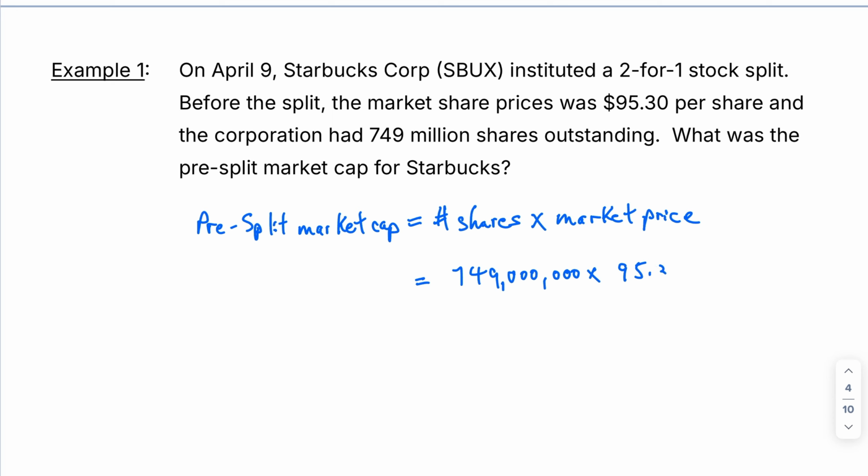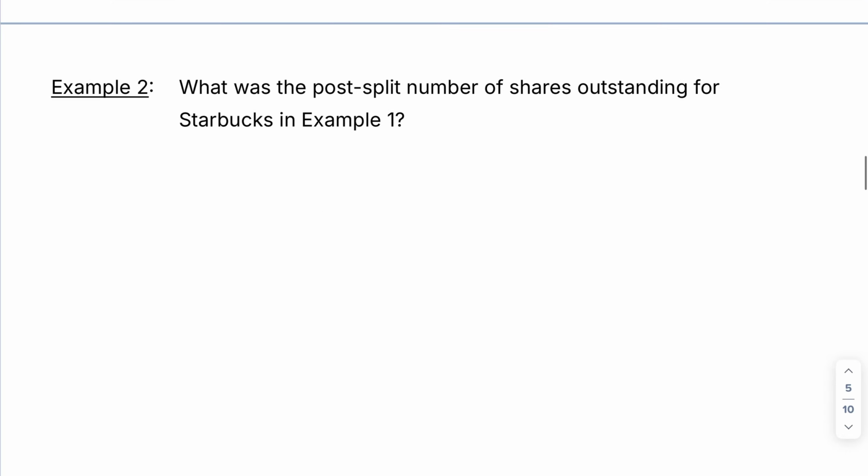Now, punching that in the calculator, we would get 71,379,700,000. So that is our pre-split market capitalization. All right, so let's go ahead and move on to example 2, which is referring to example 1.